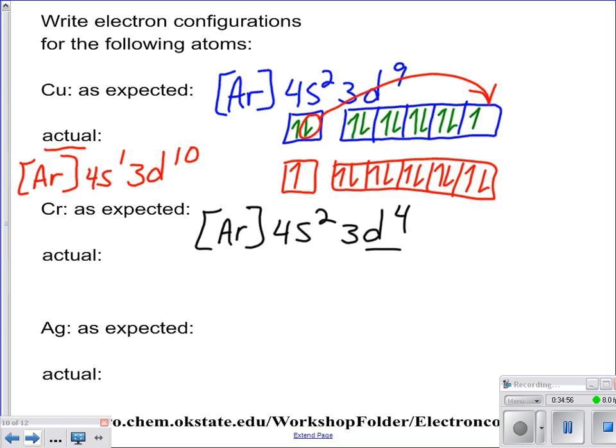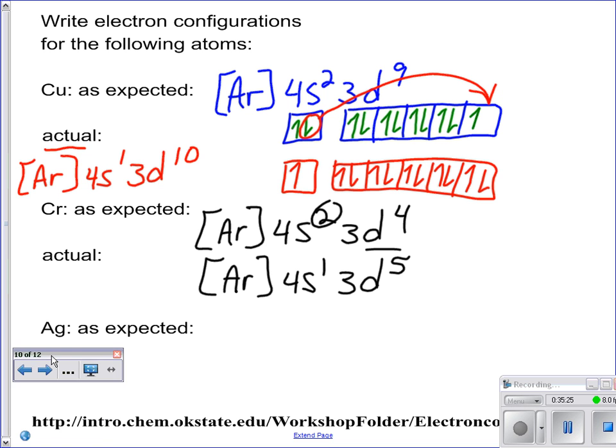It's not half filled and it's not fully filled. By getting one of these guys to move over, we can get it half filled. So argon 4s1 3d5 is actually more stable than the other. Now, notice that your silver is just directly beneath your copper, so it would follow that same pattern.